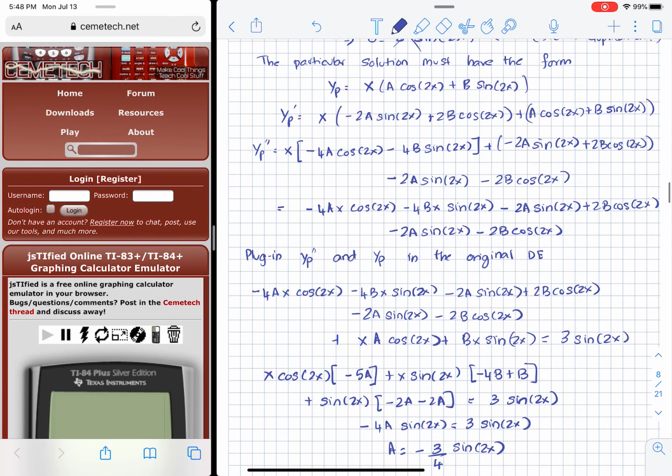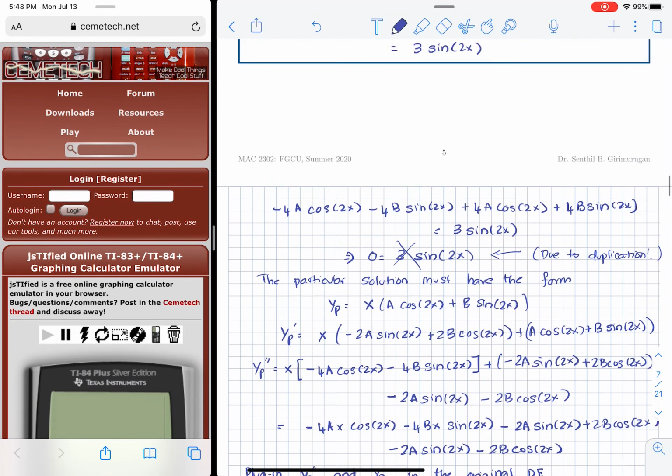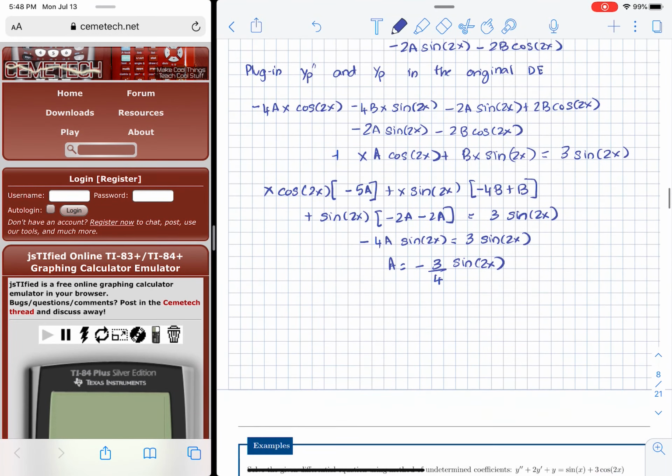So the particular solution in this case would simply be yp is equal to minus 3 over 4 x cosine 2x.